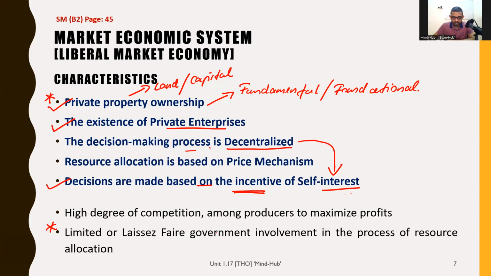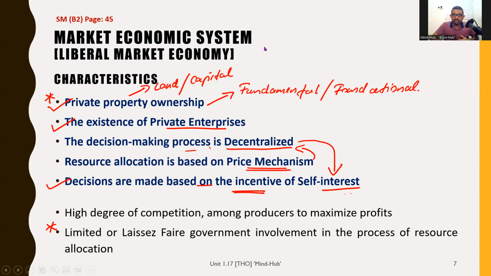Then resource allocation is based on a really interesting process called the price mechanism. Whenever you hear the word price mechanism, always remember the price mechanism is a decentralized system. We can have decentralization because the mechanism of resource allocation we are using is the price mechanism.